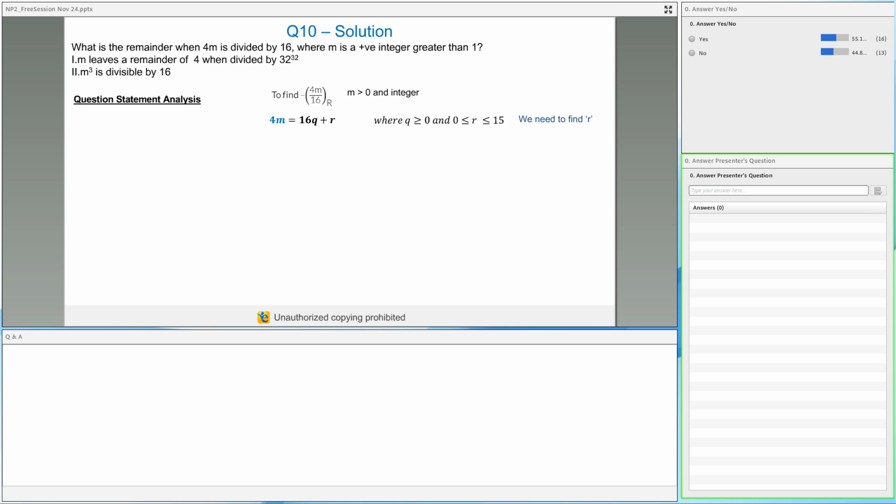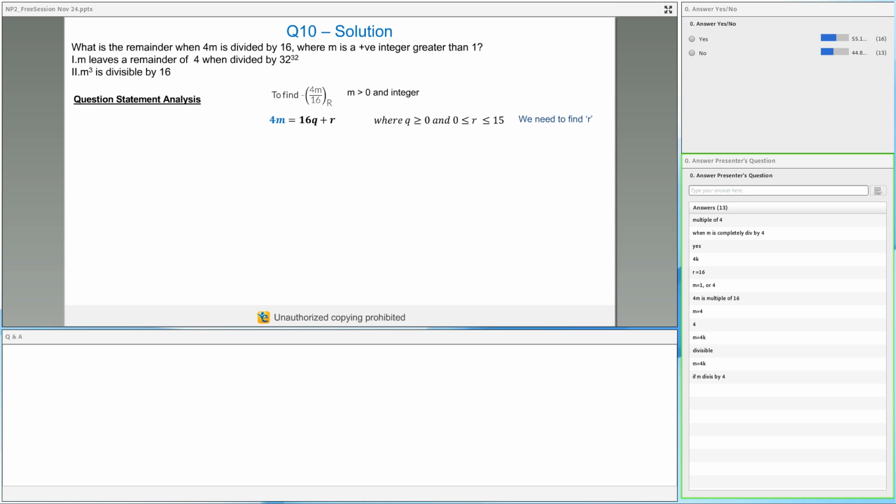Now tell me, in which case will 4m divided by 16 give me a remainder 0? When m is equal to 4k, or m is a multiple of 4, right? Is this perfectly clear? Okay. If m is not a multiple of 4, then obviously we'll get some remainder. These are the two inferences that you should be able to make.